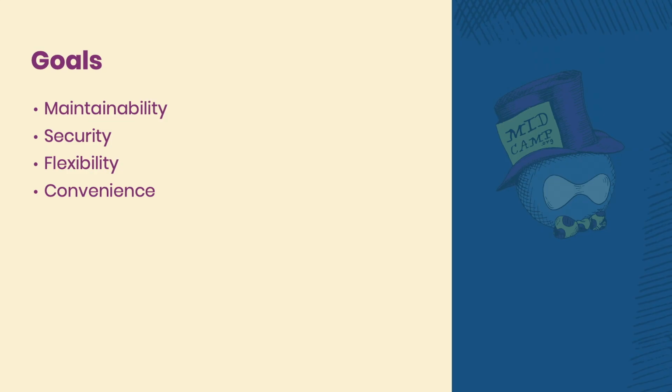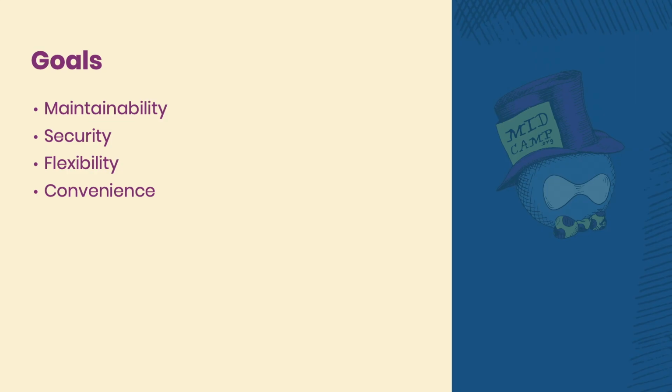So when we're thinking about how we want to manage these settings and services files, these are the 4 goals that I came up with for the ways that I tend to think about it. I want it to be maintainable. That is, the files are easy to understand and update easily. I want them to be secure.